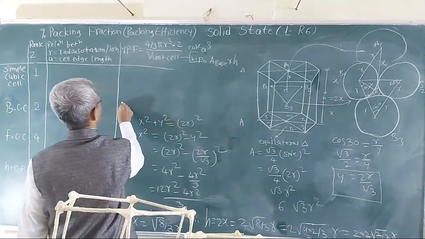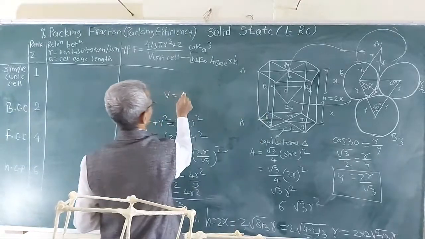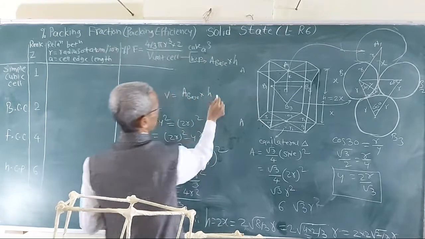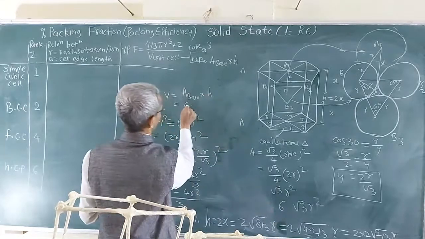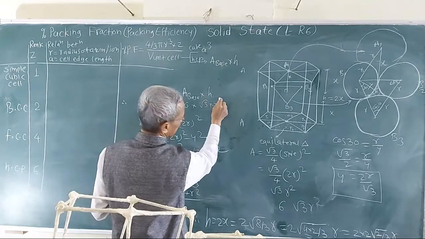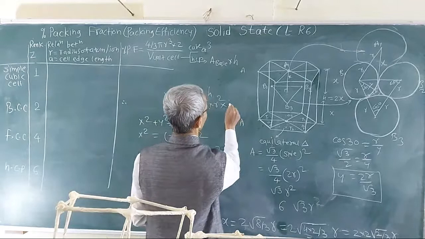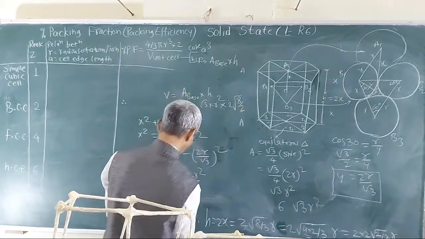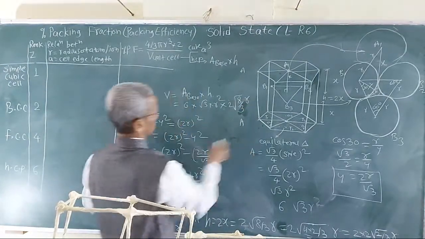Therefore, finally, the volume can be calculated as the area of the base into height. The base area is 6 into square root of 3 r square, multiplied by the height, that is 4 times square root of 2 upon 3 r. Consider now.